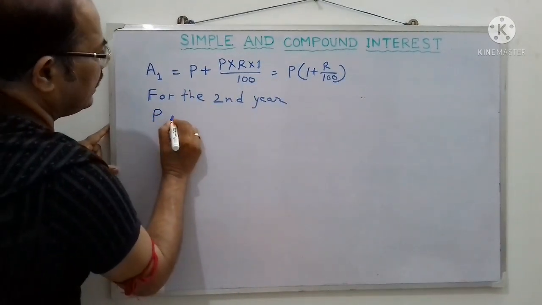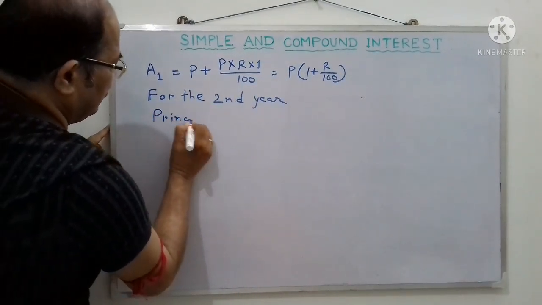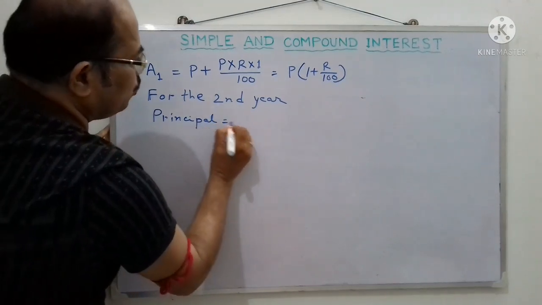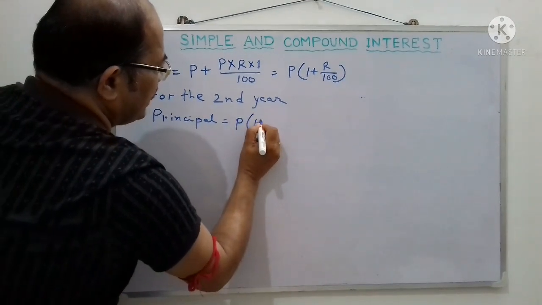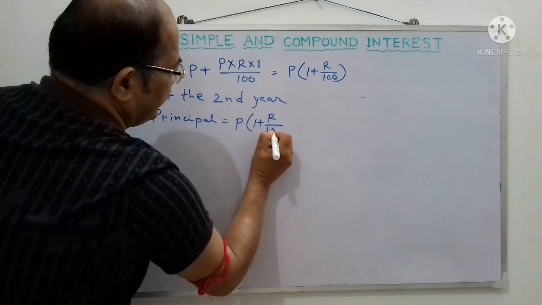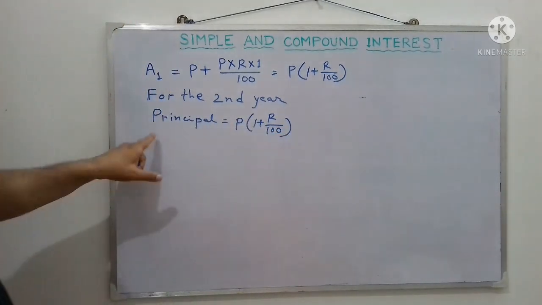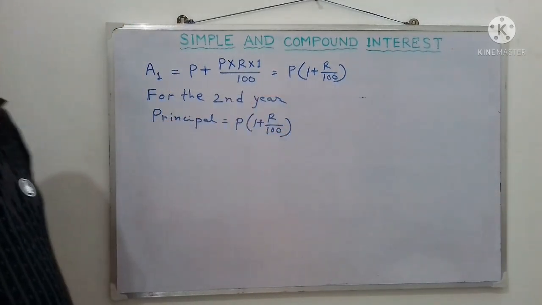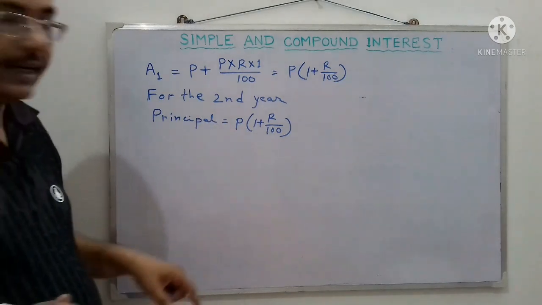That means principal equals P into 1 plus R by 100.